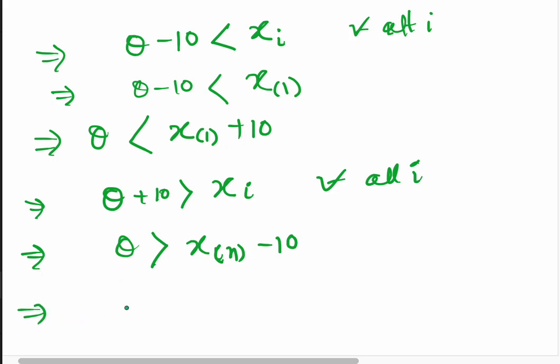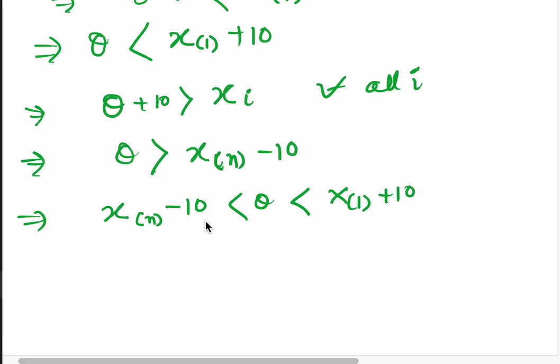That means theta is a number which lies between xn minus 10 and x1 plus 10. So any number between these two limits is an estimator for theta.